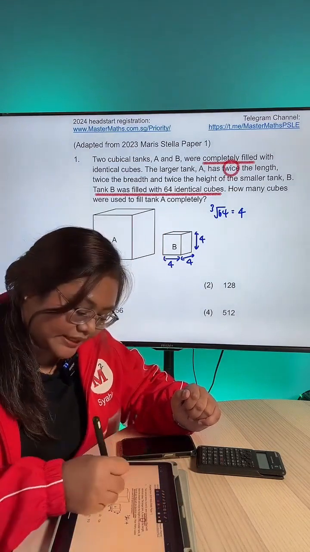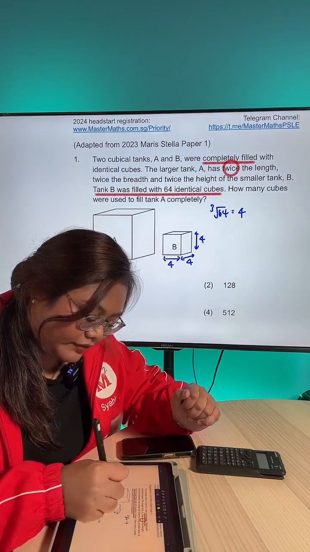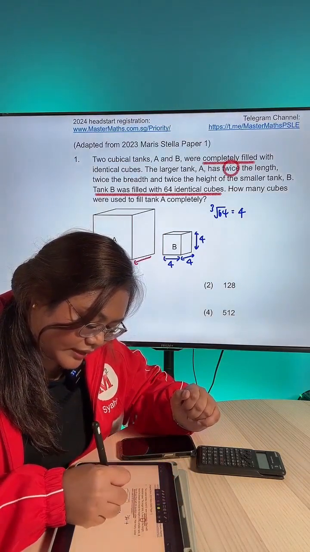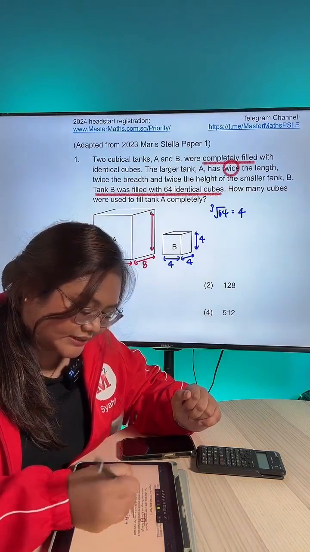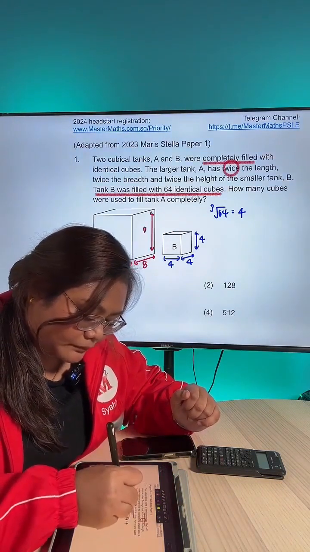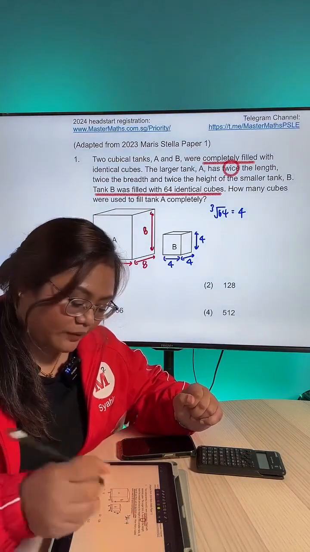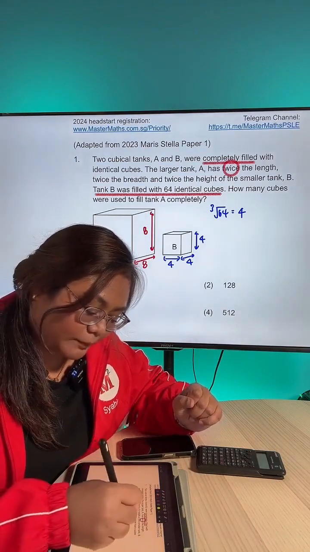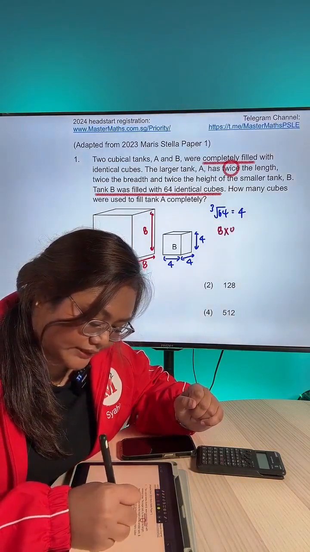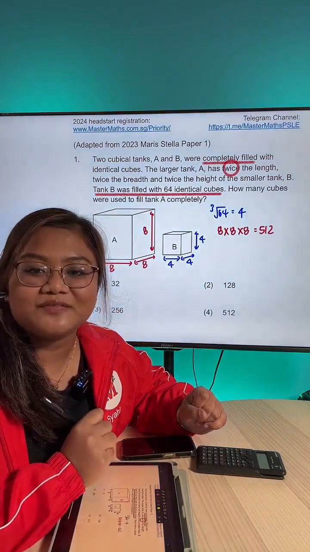So for A, I will have 8 along the length, 8 along the breadth, and 8 along the height, since it's double of B. Our final answer for the number of cubes used to fill tank A completely would be 8 times 8 times 8 to give us 512.